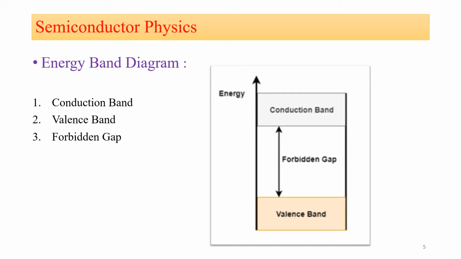What is the valence band? The valence band possesses the valence electrons, meaning valence electrons are present in the valence band, and the gap between the conduction band and valence band is the forbidden gap. And the energy gap, that is Eg, is always measured in the unit of electron volt, that is eV.